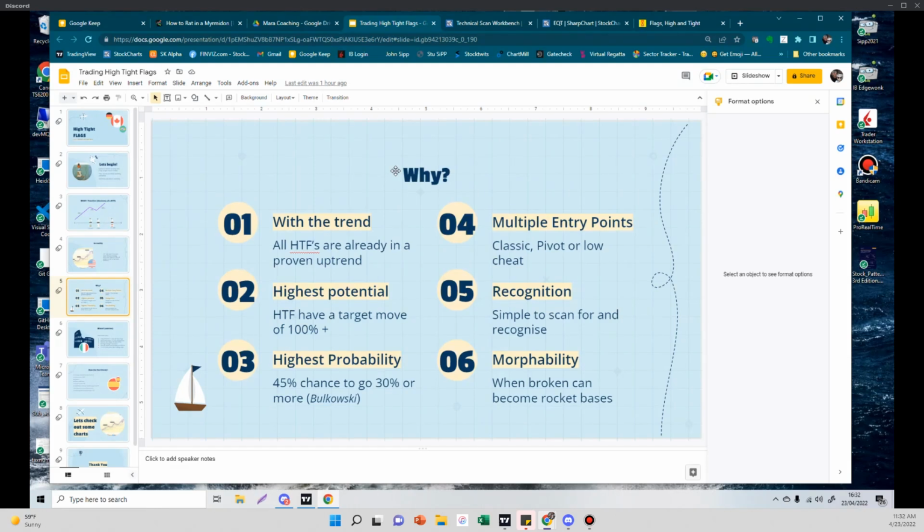You need to have appropriate risk management, trade management, all that other stuff. But I should change that to 82% chance to go 30% or more. These are just the reasons why I started focusing on them and why I like them.